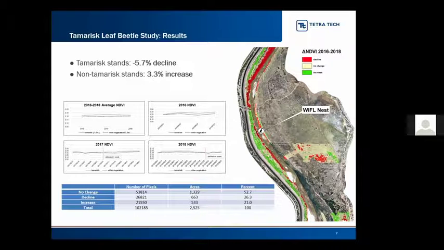And when we did an overlay onto flycatcher nest sites, we found that some nest sites were impacted through this decline in NDVI values. And our assumption there was those nest sites were negatively impacted.